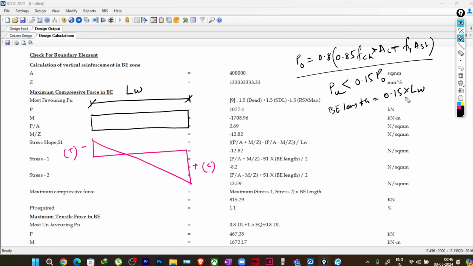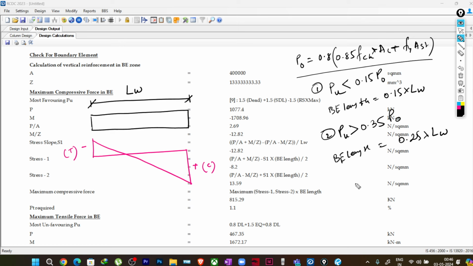So 0.15 times Lw. This is the first case. Second case, they are saying if Pu is greater than 0.35 times P0, then the BE length will be 0.25 times Lw. Sorry, I'm writing over this actually, just please do understand.